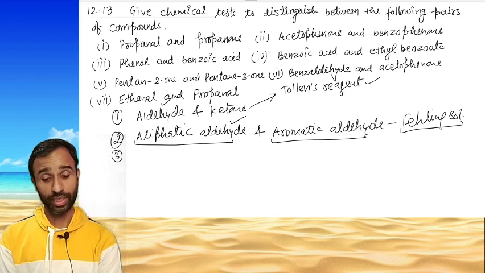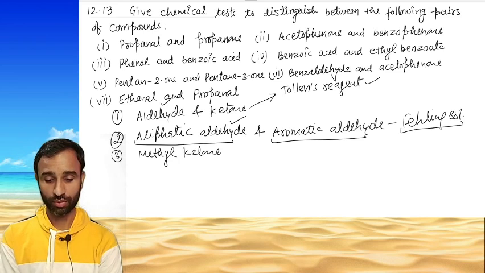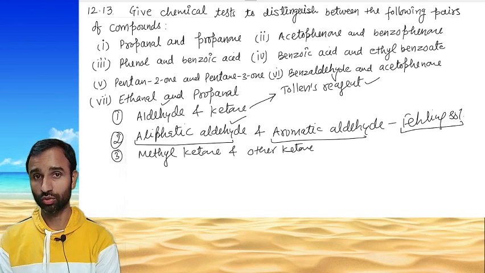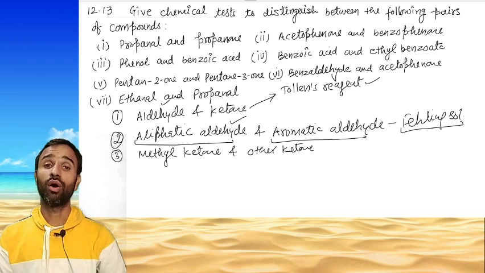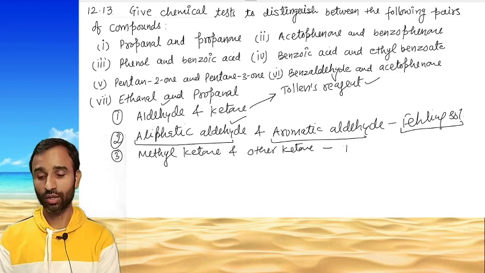Third one, if there are ketones, a methyl ketone and any other ketone which is not a methyl ketone. Methyl ketone means on one side of CO there is a methyl group, then go for the iodoform test.